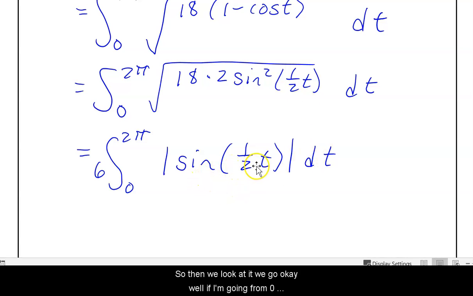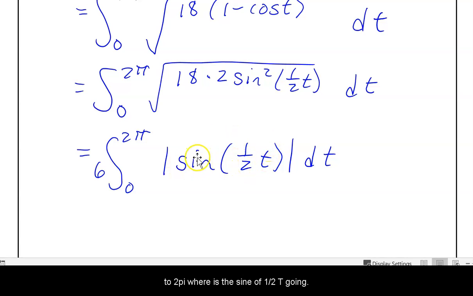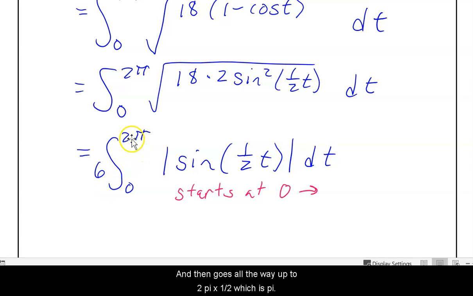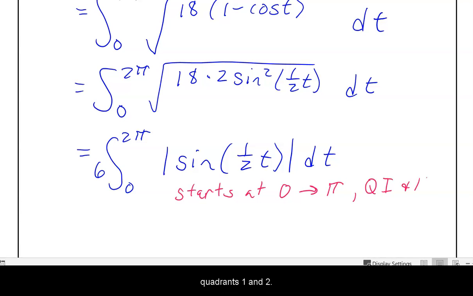So then we look at it and we go, okay, well, if I'm going from 0 to 2 pi, where is the sine of 1/2 t going? Well, if I substitute 0, it does start at 0. So I know that much. So it starts at 0 and then goes all the way up to 2 pi times 1/2, which is pi, which means that in effect, it's only going through quadrants 1 and 2.